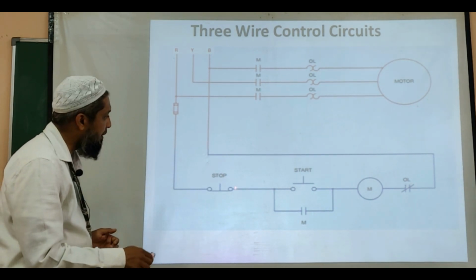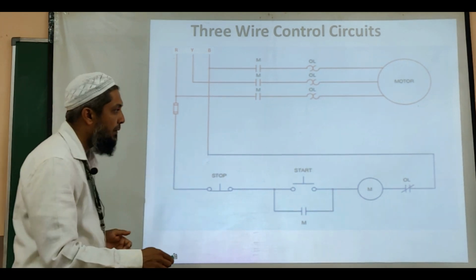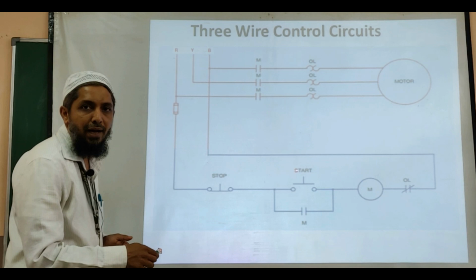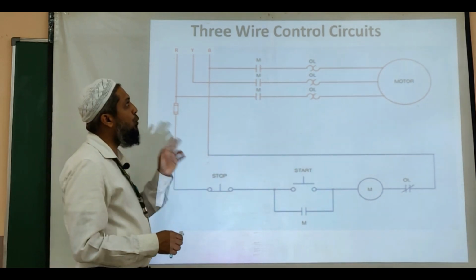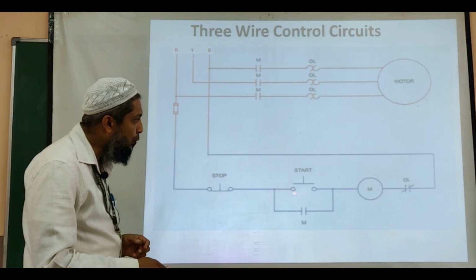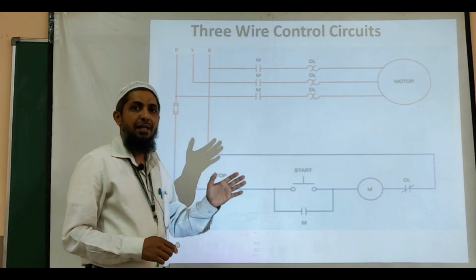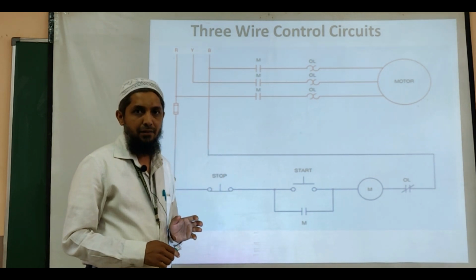We call it the stop contact, and the contact which is in open position is called the NO contact. In the case of 2-wire control circuits, there is a maintained contact.